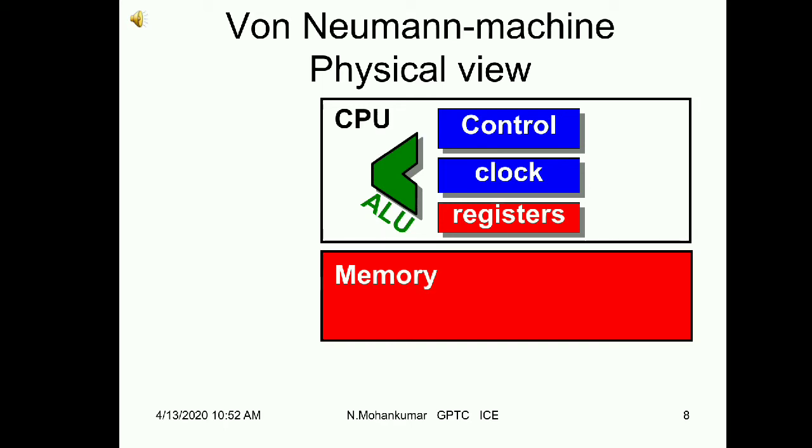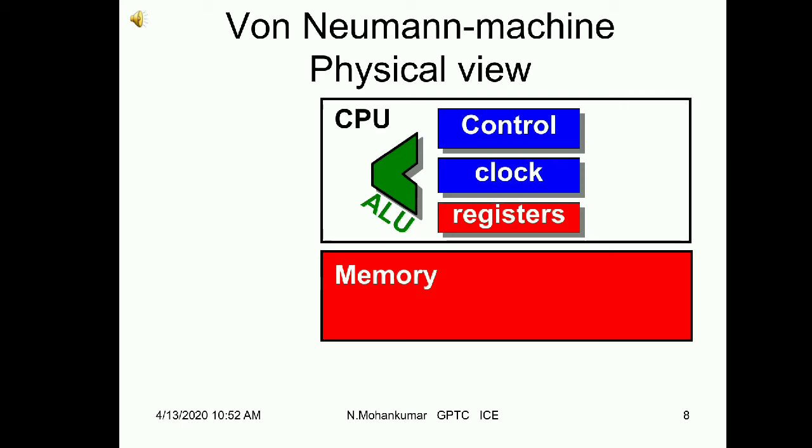But mostly a microprocessor will not have memory on chip. It will not have a memory inside the microprocessor chip. In von Neumann architecture, the memory is a separate entity. It's another chip, an external chip or external circuitry where you can store a large amount of data. The capacity of the memory mostly depends on the addressing capacity of the central processing unit.